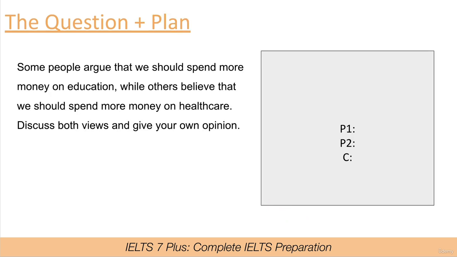Okay, well, let's have a think about this a bit more in the plan. Now, a plan is so important to stay on track, stay focused, make sure everything's relevant, and we're answering the question. All important parts of the IELTS writing. Okay, so let's have a think. Some people argue that we should spend more money on education, while others believe that we should spend more money on healthcare.